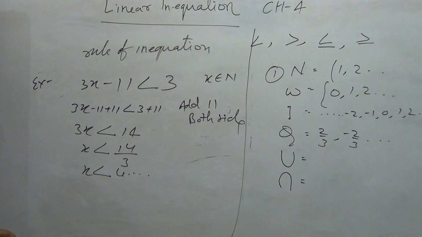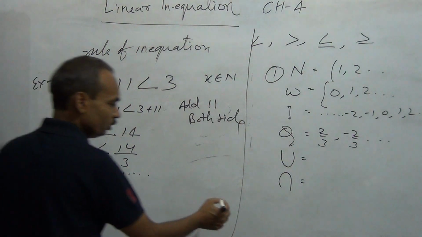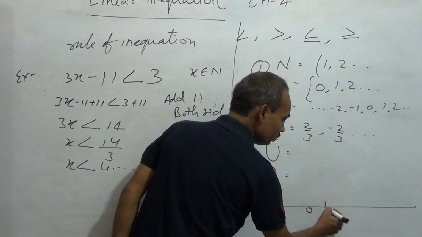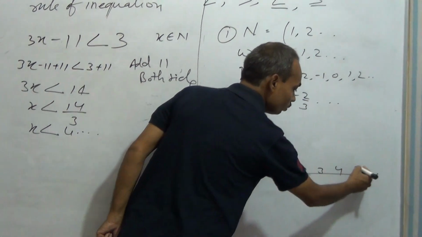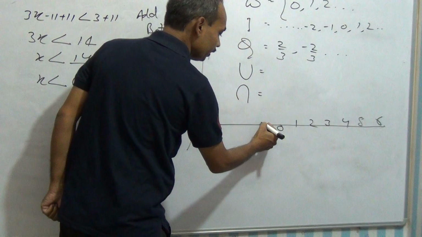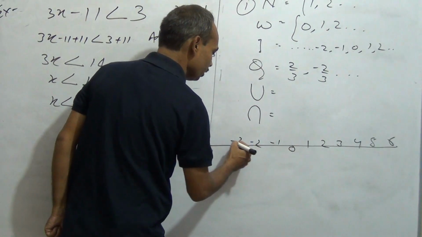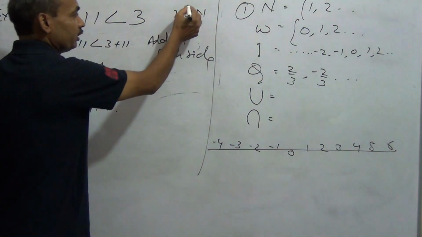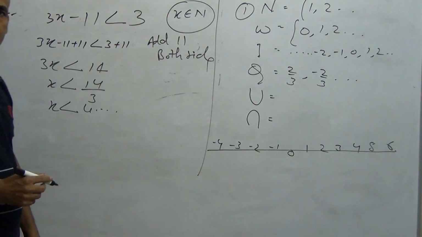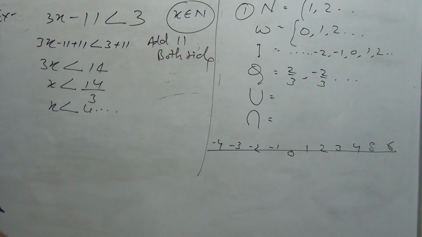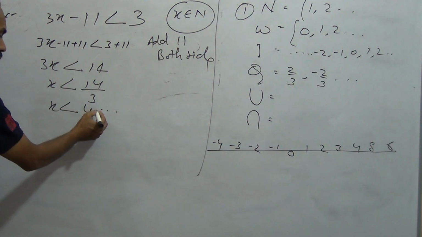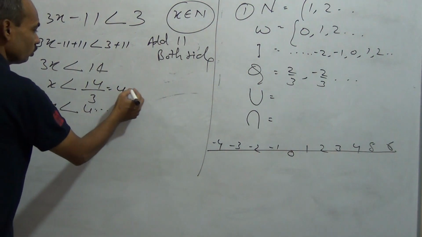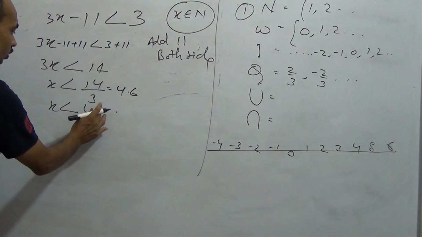Sometimes we need to plot on a number line. So we will draw a number line: 0, 1, 2, 3, 4, 5 and 6, while this side minus 1, minus 2, minus 3, minus 4. Now in the question, x is a natural number, so it is smaller than 4.6.